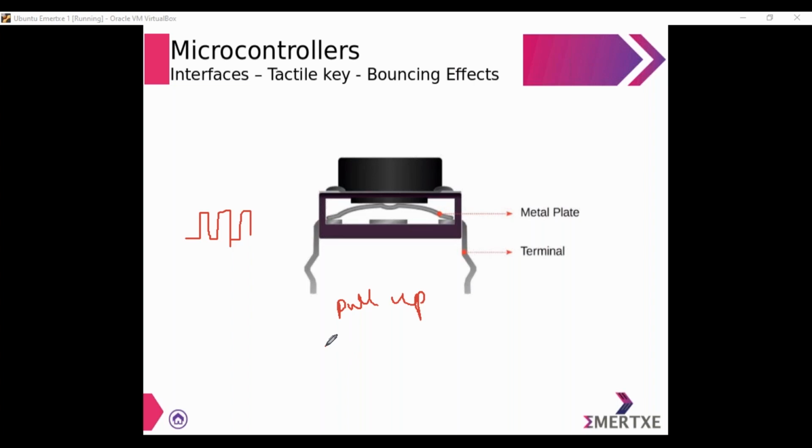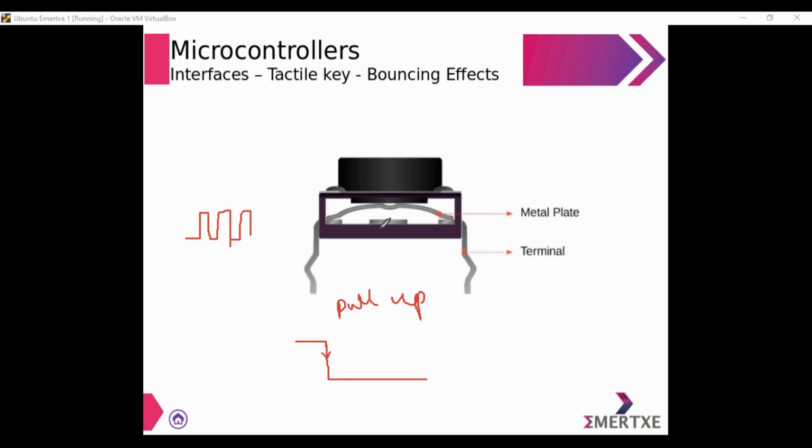If I don't press the switch, in case of a pull up circuit, initially it will be 1. The moment I press the switch, I should be able to read a 0. And as long as I keep the switch pressed, I should continue to read a 0, correct? So this is what I am expecting.